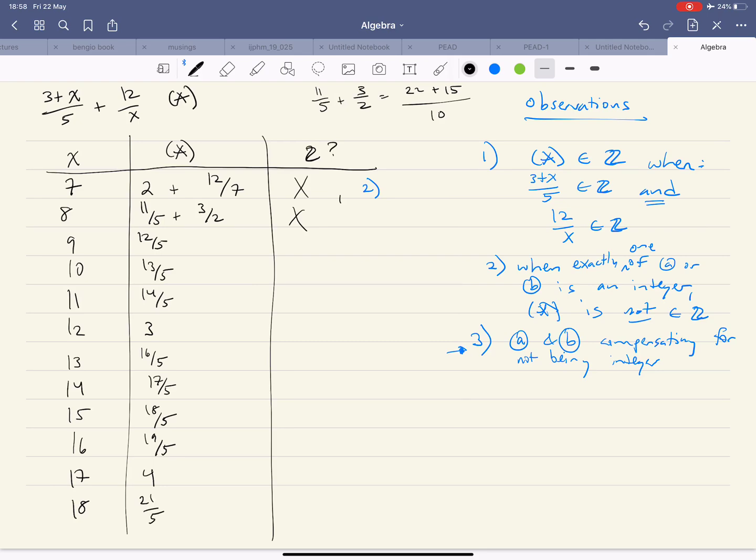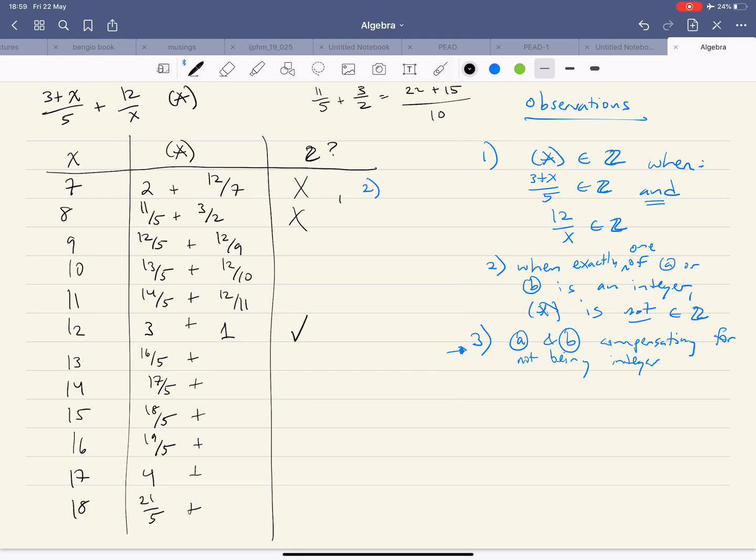And then on the other side, we're just incrementing the denominator by 1 every time. So this was 12/8. Now this will be 12/9, 10, 11. This will be 1. Ooh, I see an integer.